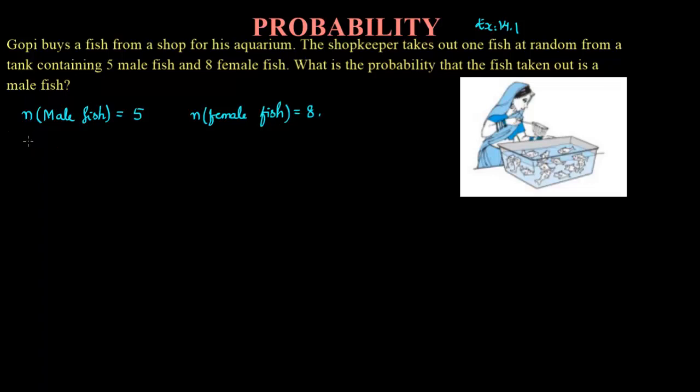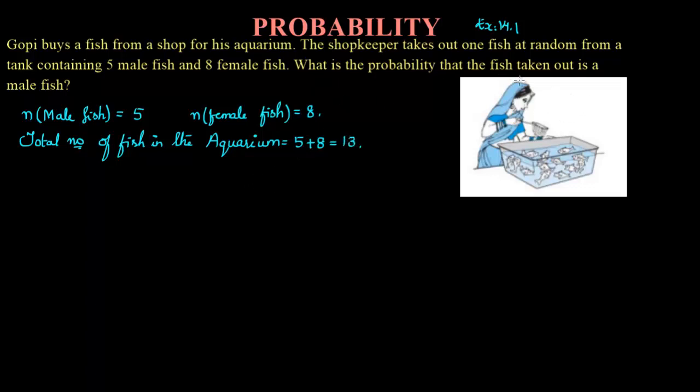And then we will write the value of n(S), or total number of fish in the aquarium. How many are there? We need to add both of these, right? 5 plus 8, which is equal to 13.